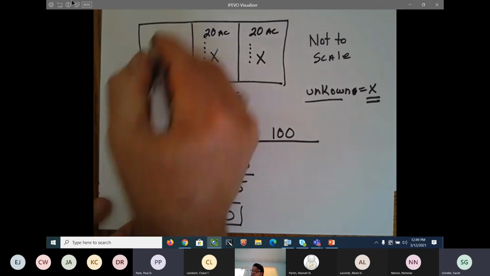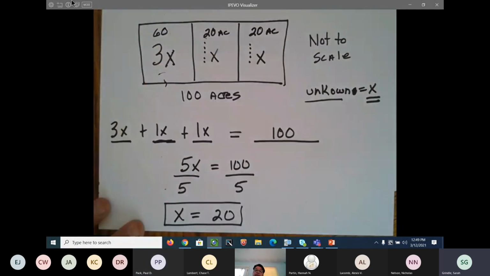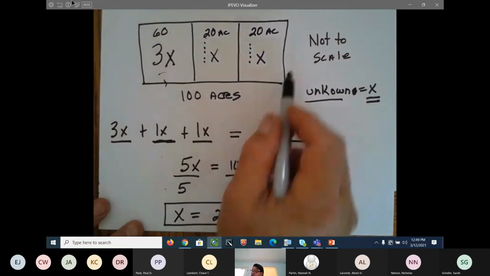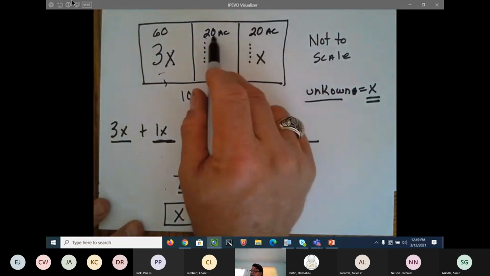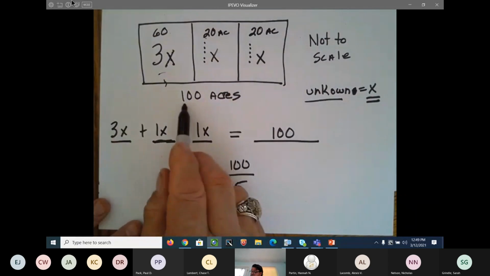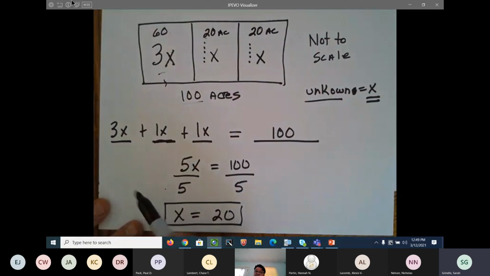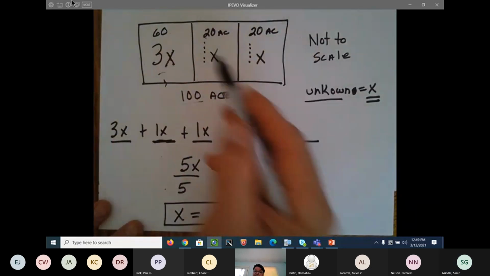60. Now, you can do that 2 ways. You can either plug it in, or you can say, well, that's 40 acres and there's 100 in the whole thing. So if these 2 are 40 acres, what's this one? 100 minus 40 is what? 60. Either way, you're going to come out with the same thing.